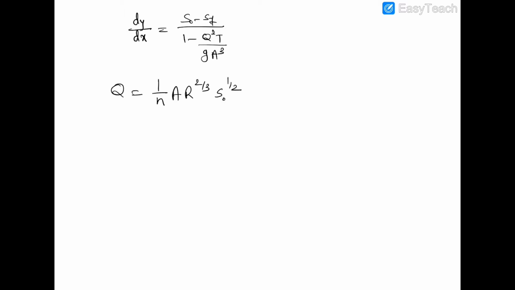In this equation, N is the rugosity coefficient or roughness coefficient, A is the area of flow, R is the hydraulic radius or hydraulic mean depth, and S naught is the bed slope of the channel.